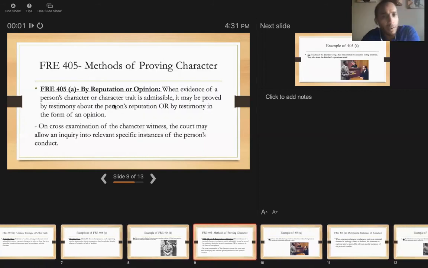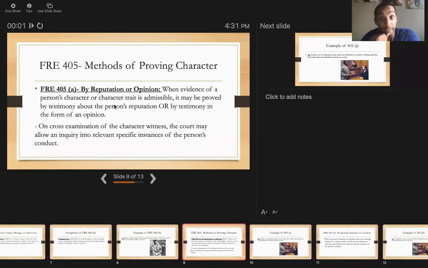So let's finally get into Federal Rule of Evidence 405, which is basically methods of proving character, okay? 405A is by reputation or opinion. When evidence of a person's character or character trait is admissible, only when it is admissible, it may be proved by testimony about the person's reputation or testimony in the form of an opinion.